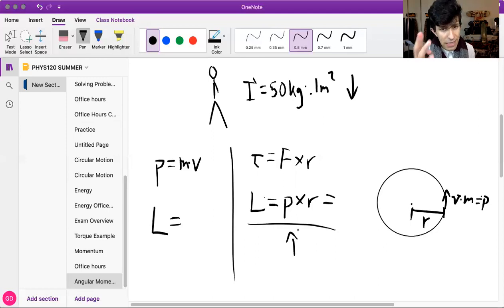But if they give you the information in different terms, if it's suitable for another version of angular momentum, use that instead. And I'm going to show you what that equation is.